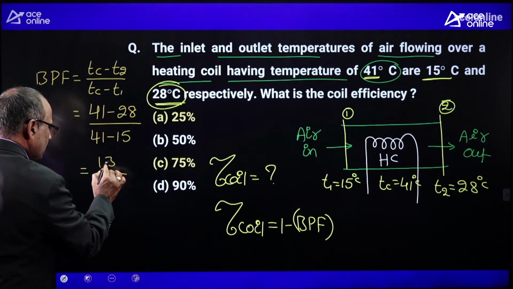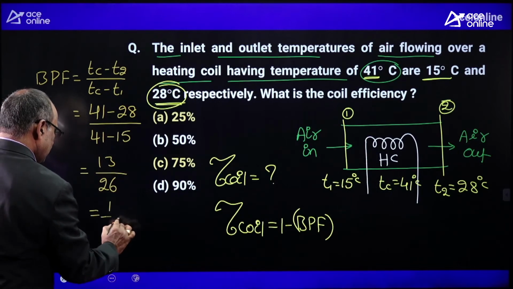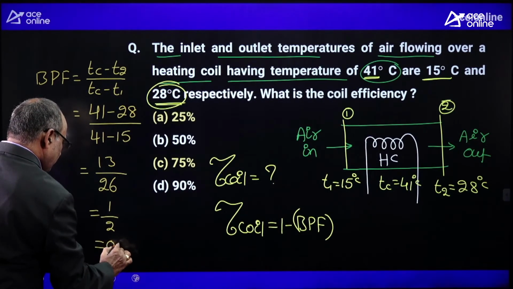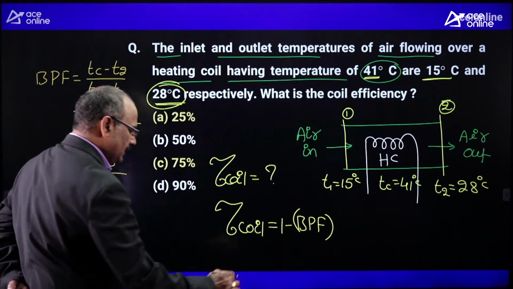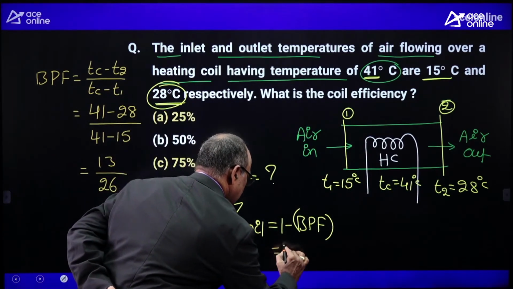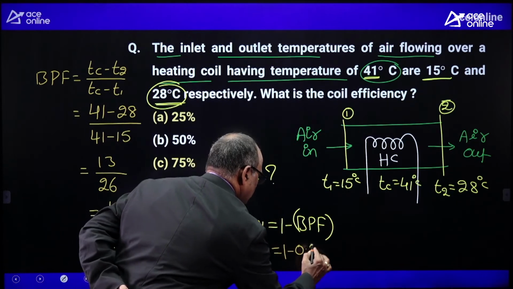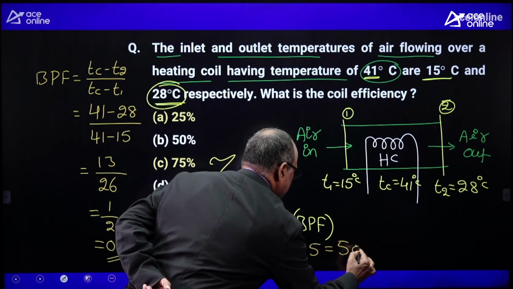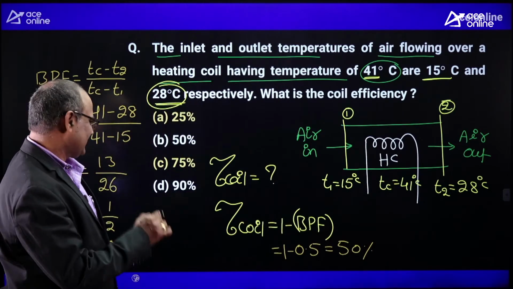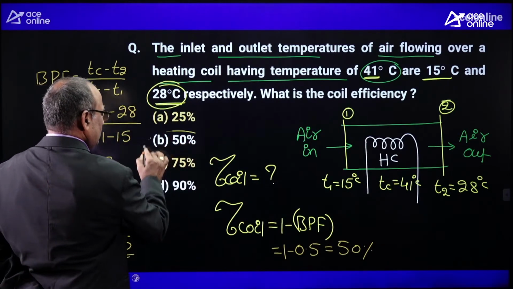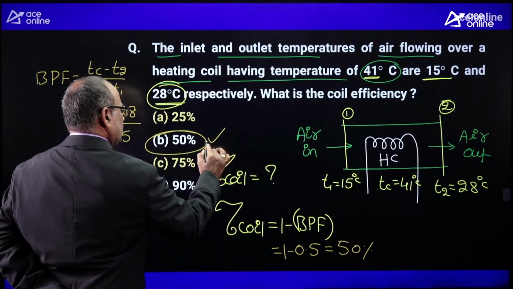What is the value of 13 by 26? 1 by 2, equal to 0.5. I got the bypass factor 0.5. Therefore, heating coil efficiency, 1 minus 0.5, is equal to 50%. Understood? Yes. Look at the options. Option B, absolutely correct.